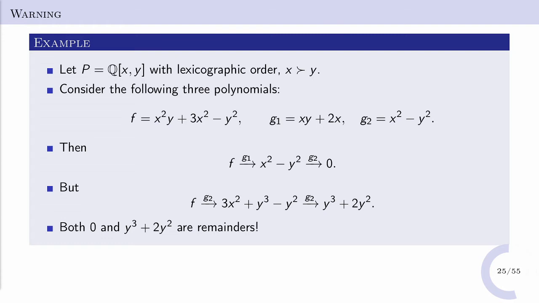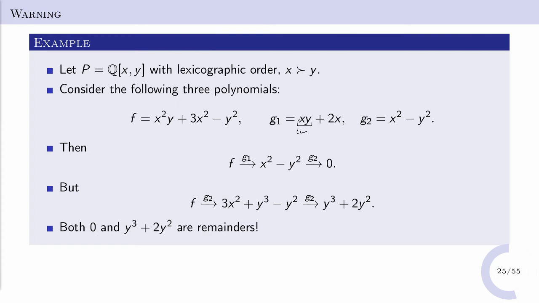So first of all, I will compute the remainder in the following order. First I reduce f modulo g1, and then I reduce it modulo g2. So this is the leading monomial, and of course this xy divides this monomial of f. It divides x squared y.